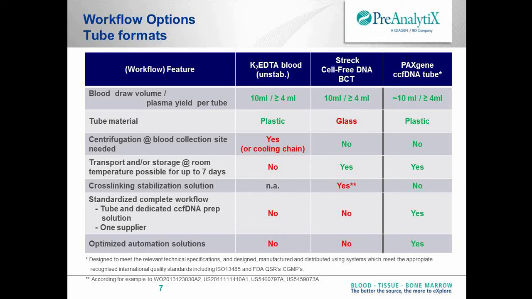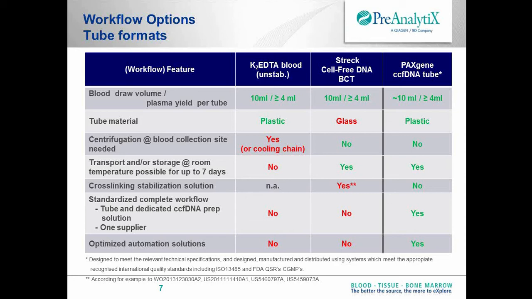The white blood cells are prevented from apoptosis. So for these tubes, you do not need centrifugation, and you can store and transport the blood for up to 7 days at room temperature. This is of course, as I showed, not possible for the EDTA tube.